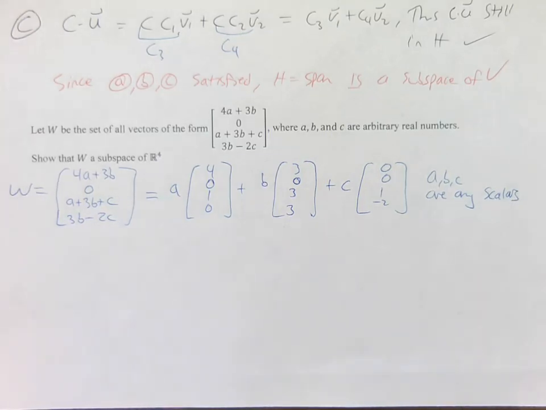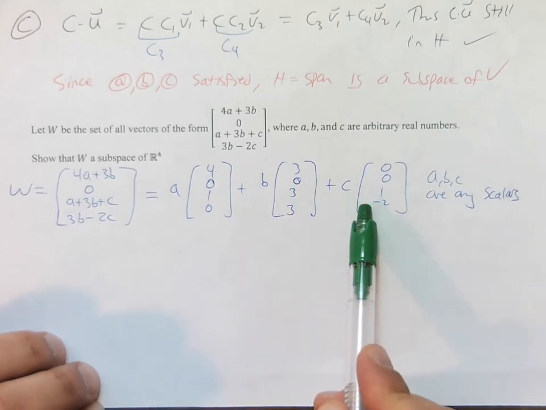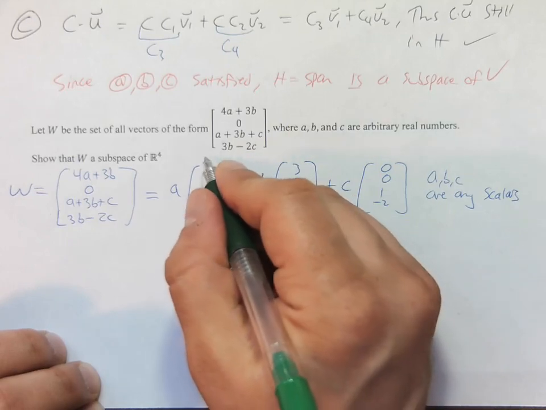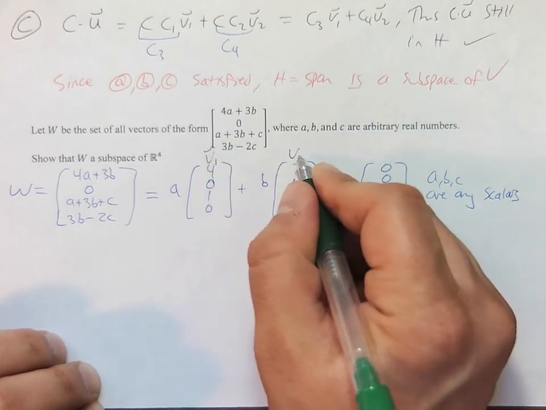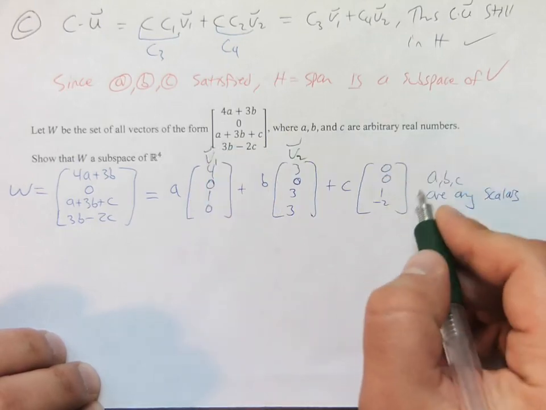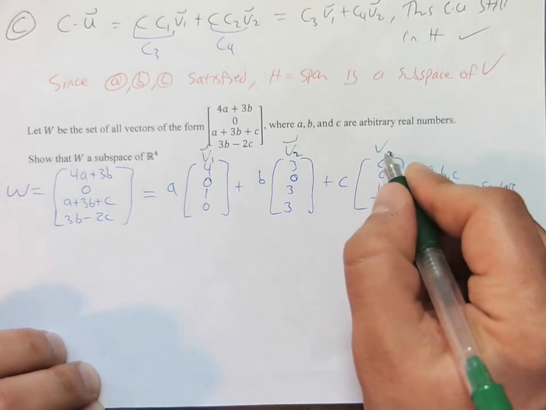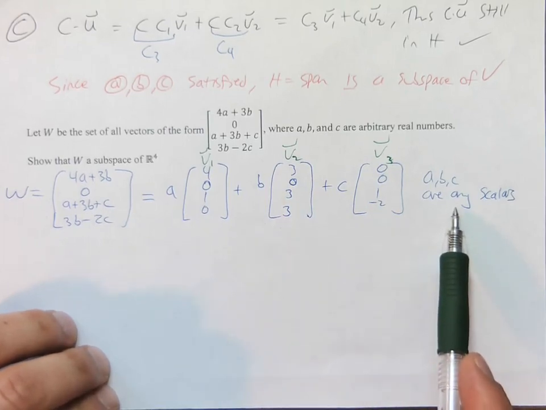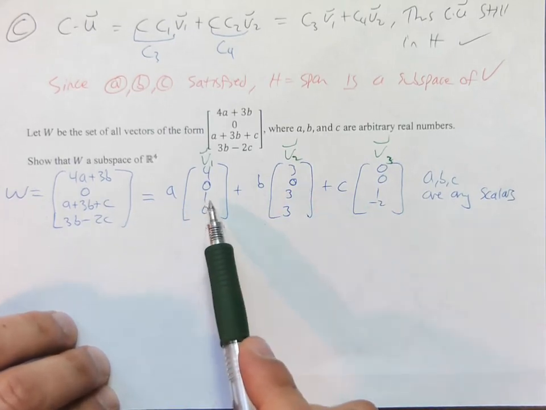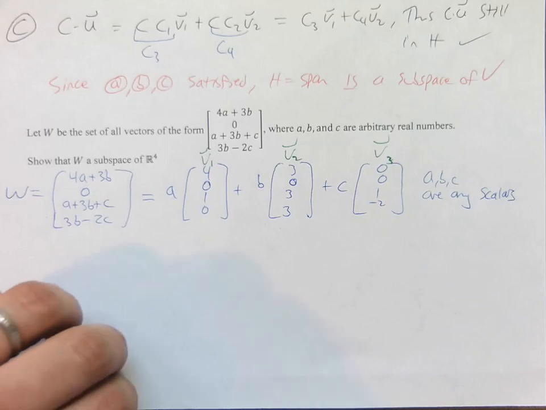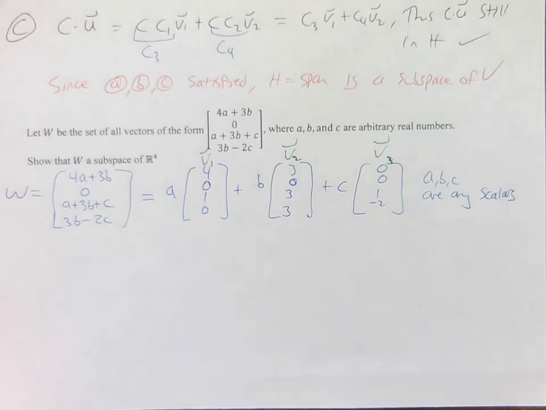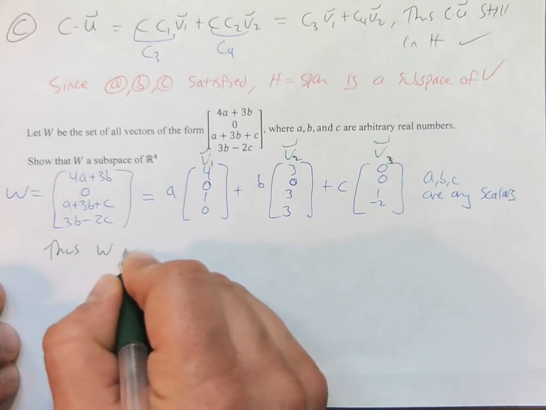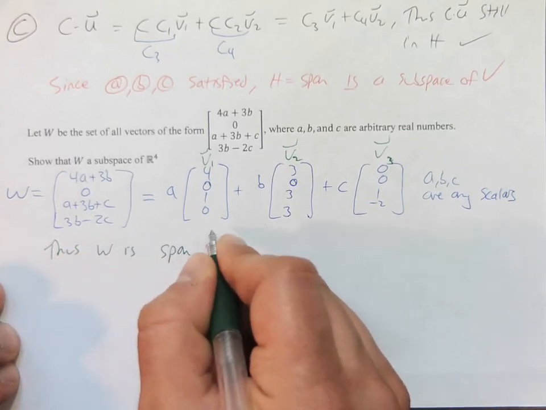And so, hey, this is the linear combination of three vectors in R4, right? Like 4, 0, 1, 0 is V1, 3, 0, 3, 3 would be V2, and 0, 0, 1, negative 2 is V3. And A, B, and C are arbitrary scalars, and so we're doing a linear combination, or the span, of three vectors in Rn, R4 specifically, right? So thus, W is the span of those vectors.